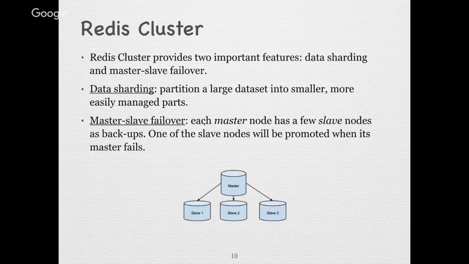They are the backups for the master, and they always keep in sync with the master nodes. When the master fails and you cannot access it, one of the master's slave nodes will be promoted, and the promoted slave node will become the new master node to replace the failed one.